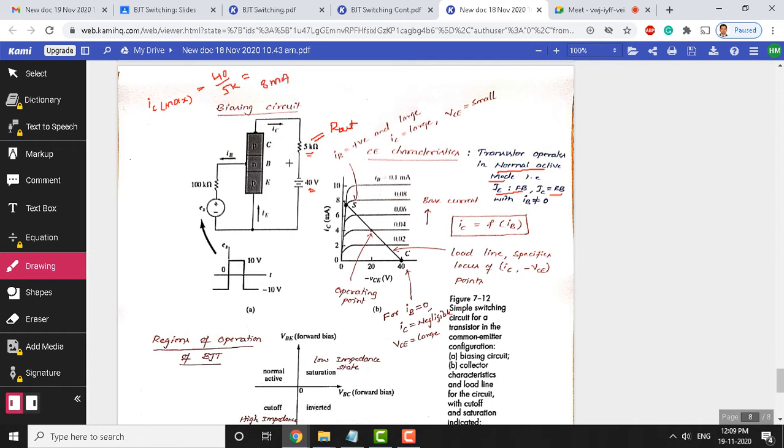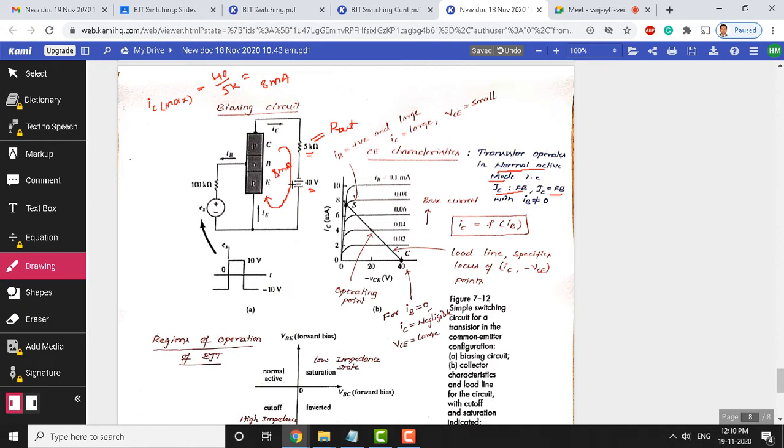That means within this loop the current cannot exceed 8 milliampere. So this is the maximum current you can get in the collector-emitter loop. Once the current reaches this 8 milliampere, we say the transistor is in saturation.